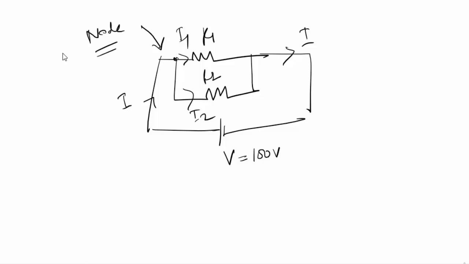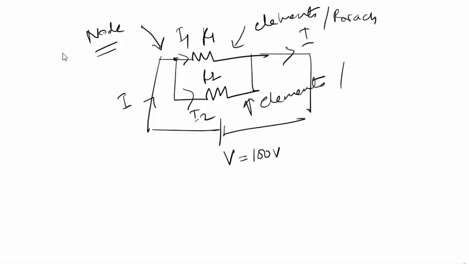A node is a place where two or more elements or two or more branches are meeting. So again you have to find a node, and the current entering the node will always be equal to the current leaving. So the current entering was I, and I will always be equal to I1 plus I2. So this was my KCL.